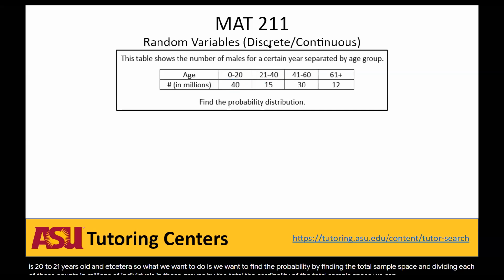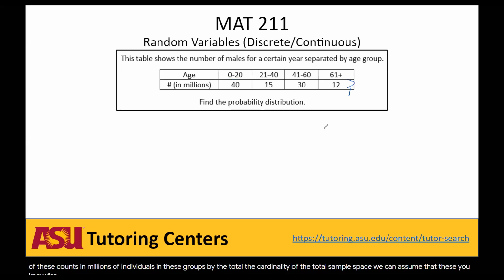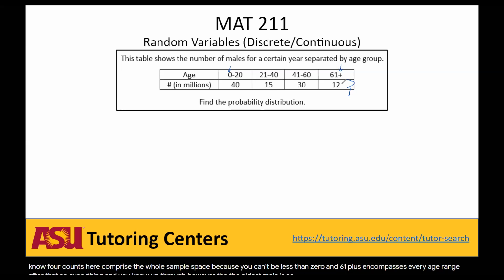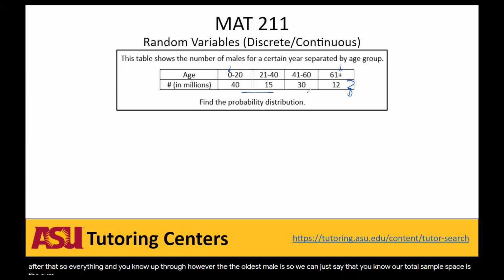We can assume that these four counts comprise the whole sample space because age can't be less than 0, and 61 plus encompasses every age range after that, up through however old the oldest male is. So our total sample space is the sum of all of these different counts, in millions.